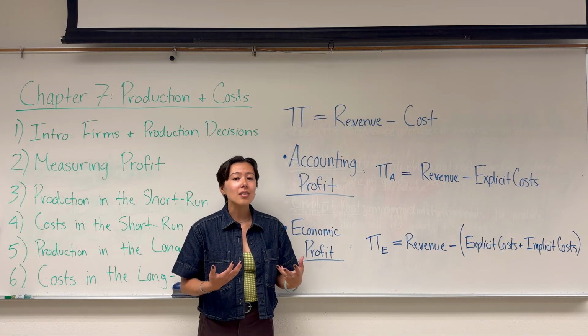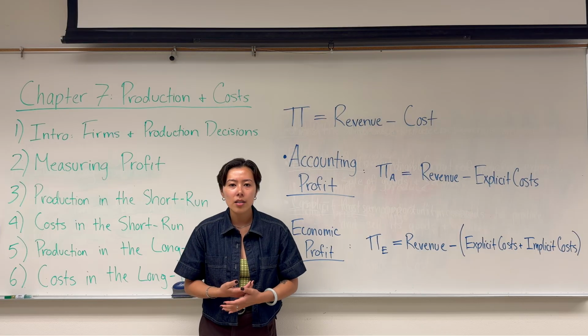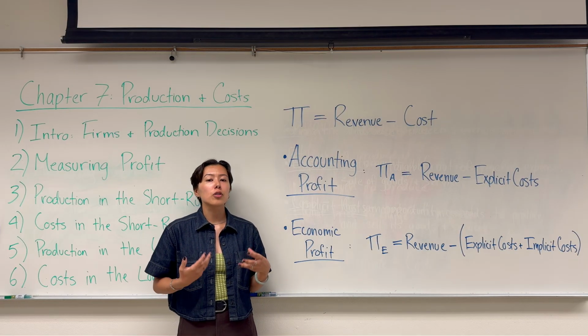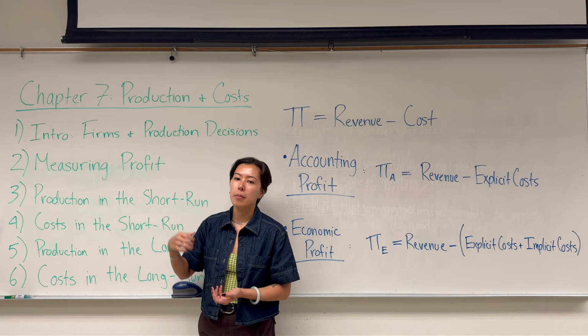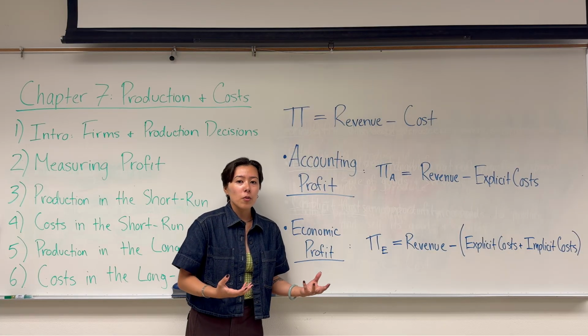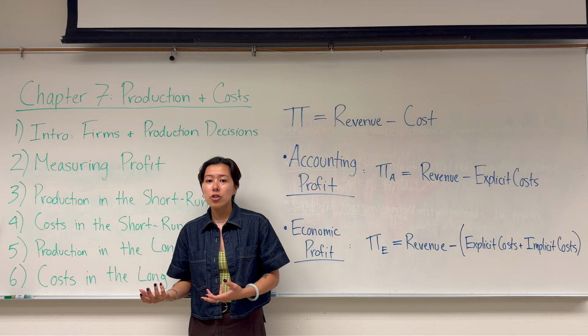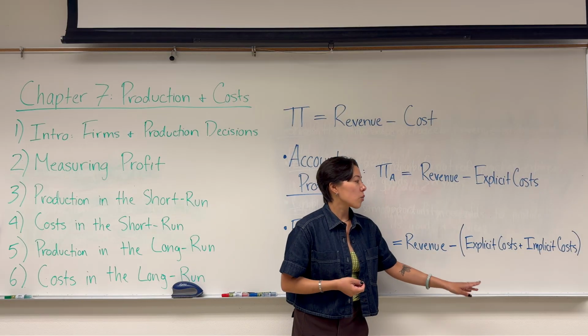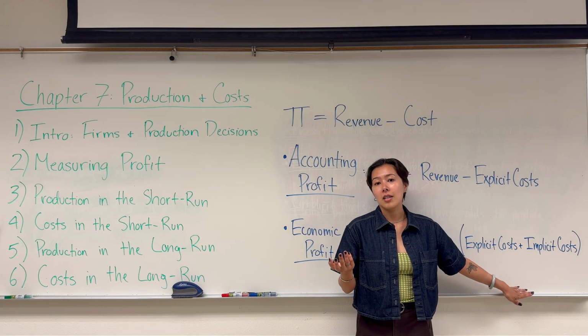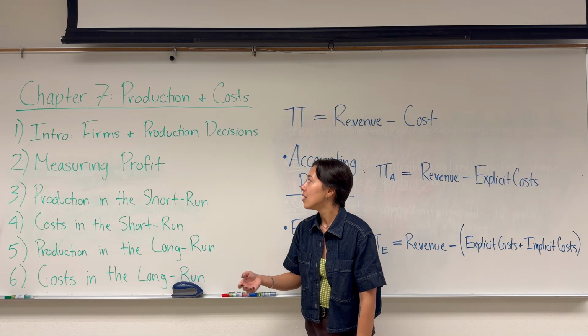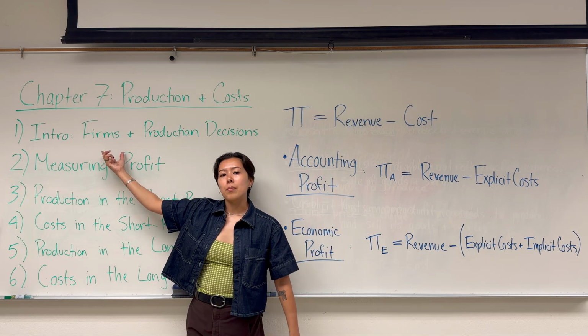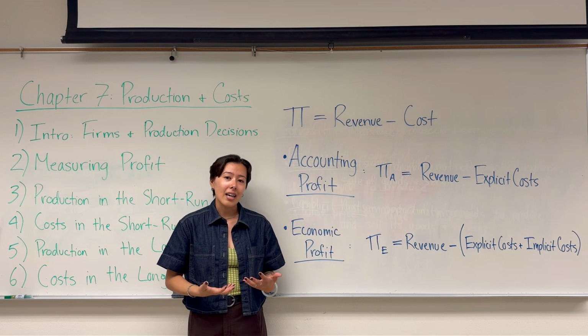So by throwing in these implicit costs or opportunity costs, we're able to better measure the true cost of operating a business. Would it be more profitable for this firm to move into another industry? Is there another way that this firm could use some of its inputs that might earn it more money? When we think about adding in these implicit costs, we're able to measure that as well.